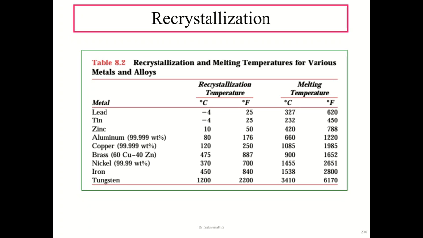Tungsten has a high recrystallization temperature of 1200 degrees Celsius and a melting temperature of around 3410 degrees Celsius. These are the different melting temperatures for zinc, aluminum, copper, brass, nickel, iron, etc.